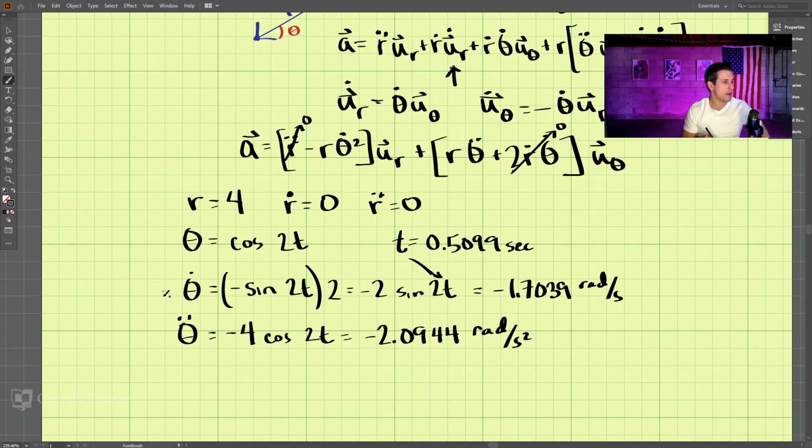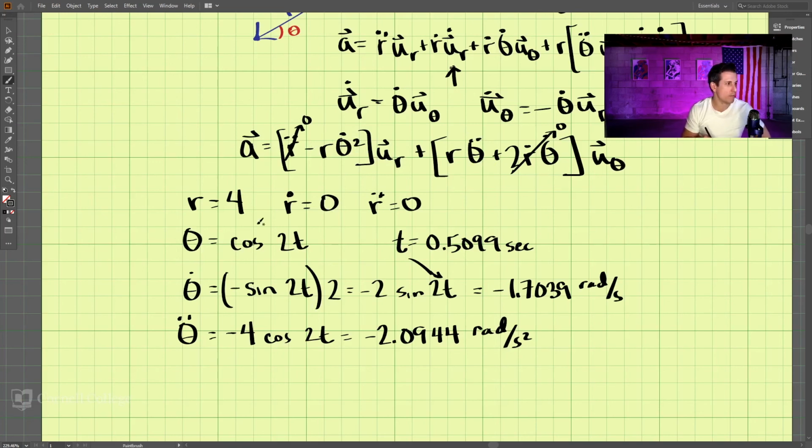All right, so now we have these values, and I think we're able to sub those into each one of these, right? There's no value missing. So we get the radial component and the transverse component.